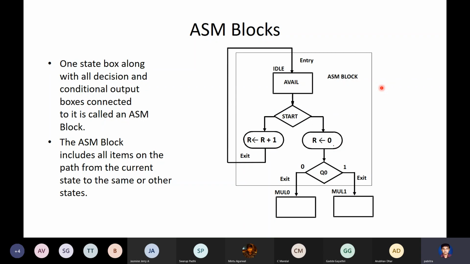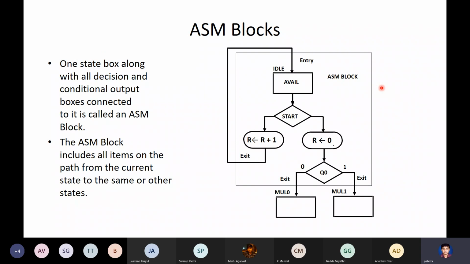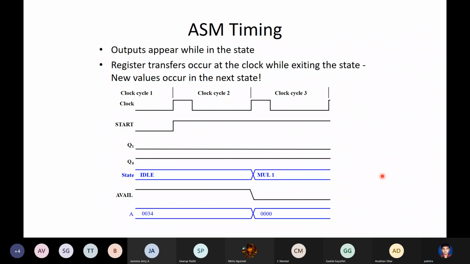Okay, so now let us see some example. By the way, once you have got this ASM chart, it is very easy to come up with the timing diagram of the different registers, values of the registers that are involved, or the states that are involved. So the rule is simple. The output will appear while still inside the state.